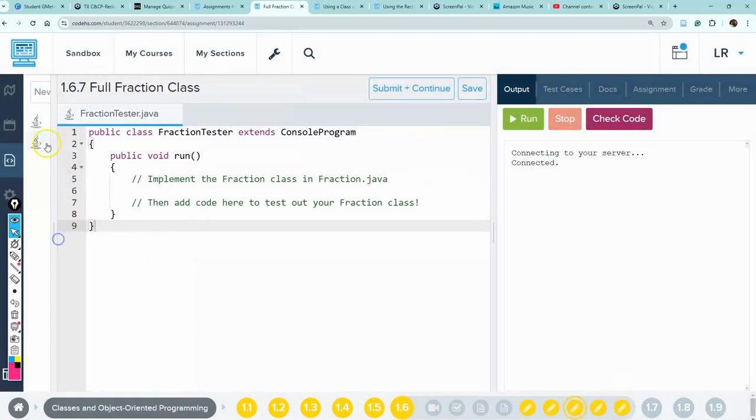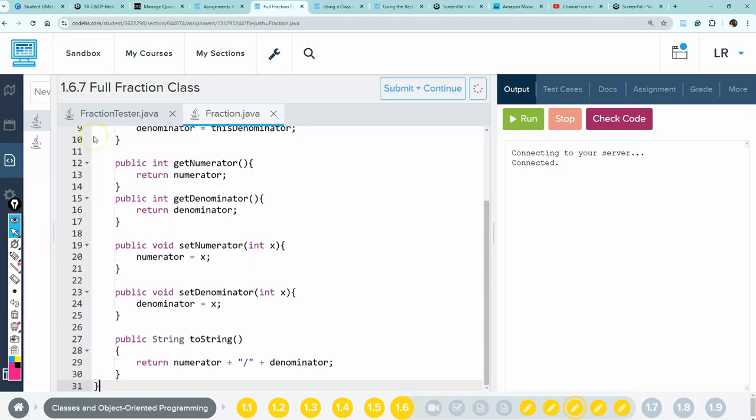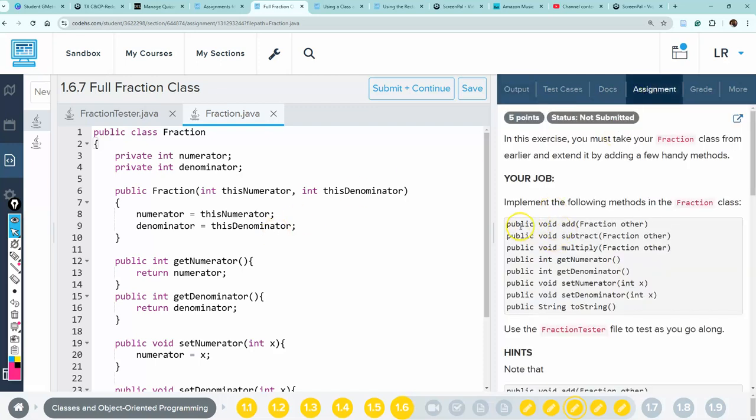This is where I want to be. I'm just going to go again Control A and then Control V, and that pasted in my fraction class. So now all I have to do is add these three.